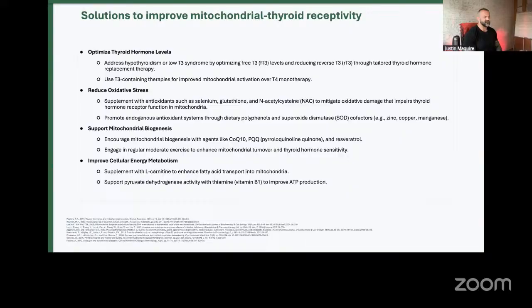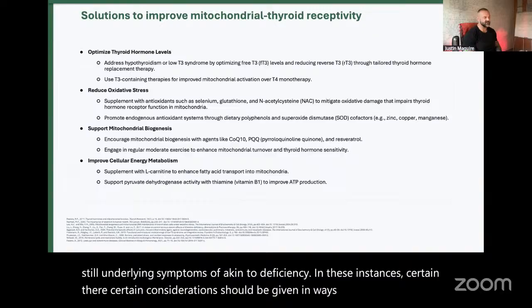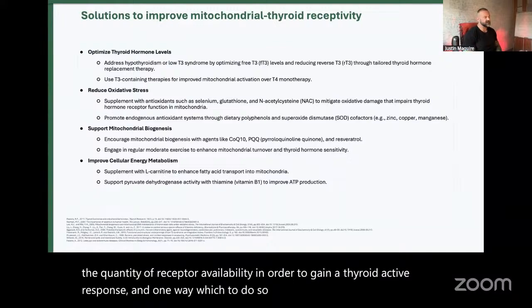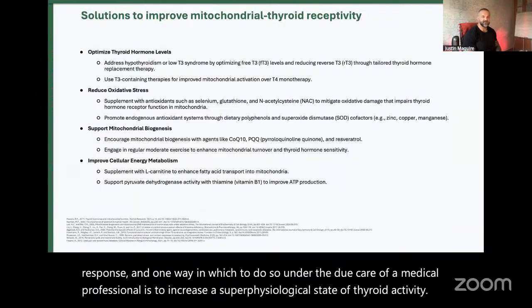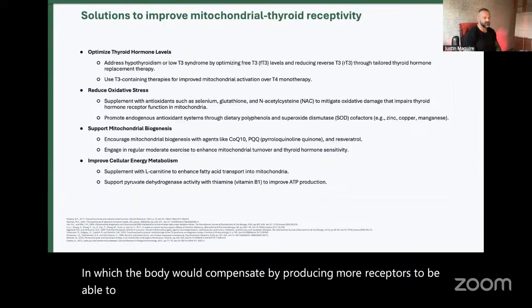However, in doing so, certain blood levels of hormones may be seen as optimal or efficient, yet there are still underlying symptoms akin to deficiency. In these instances, certain considerations should be given to ways of increasing the quantity of receptor availability in order to gain a thyroid active response. One way to do so, under the due care of a medical professional, is to induce a supraphysiological state of thyroid activity, in which the body would compensate by producing more receptors to take up the surplus of hormone being made available.